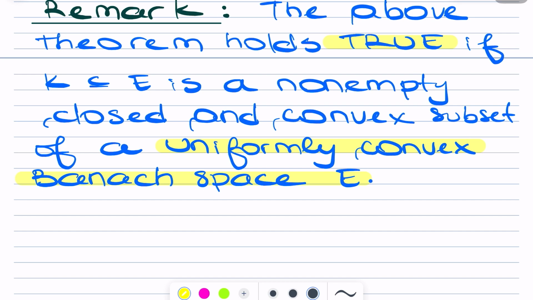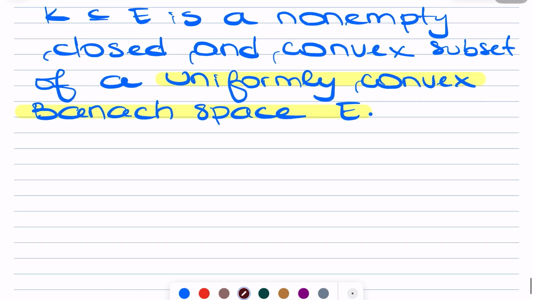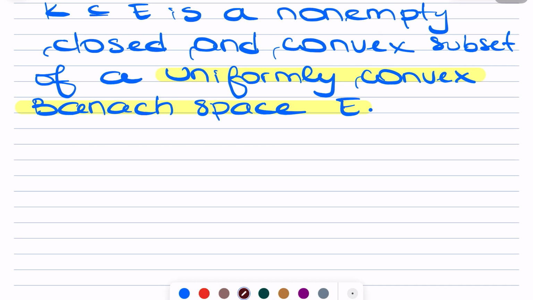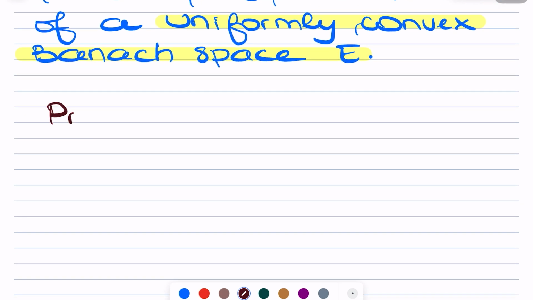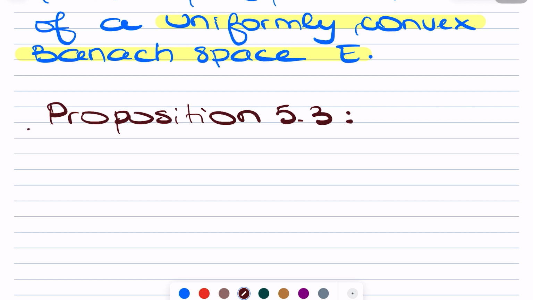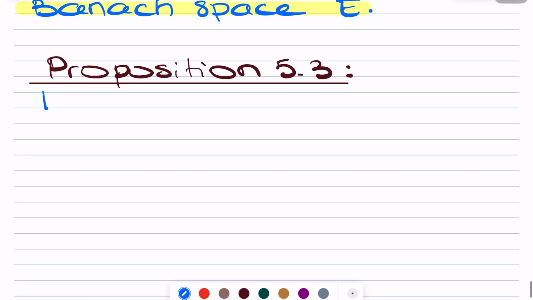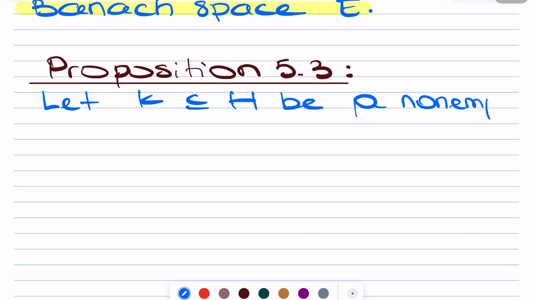Okay, so let's have a proposition very quickly about projection. Proposition, I think it is 5.3, if I'm not wrong. Let K be a non-empty, of course, closed convex set.